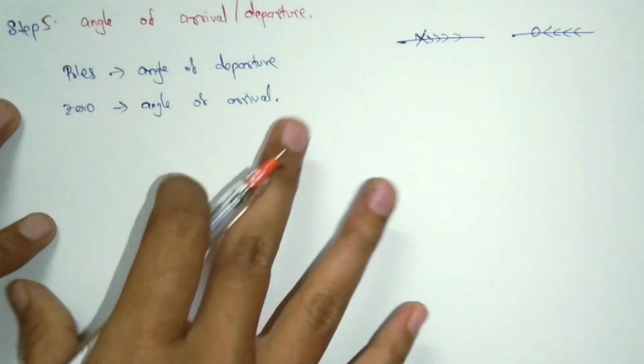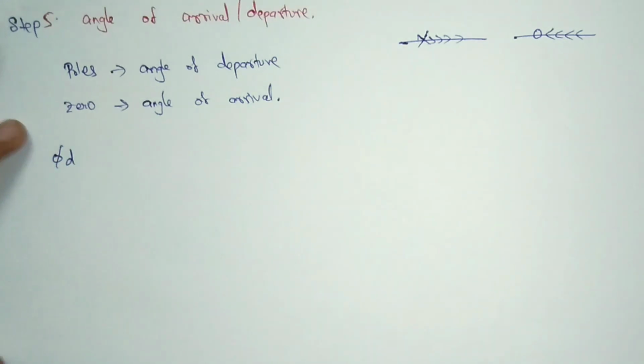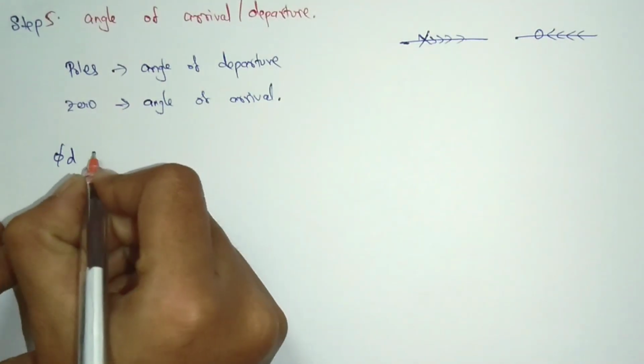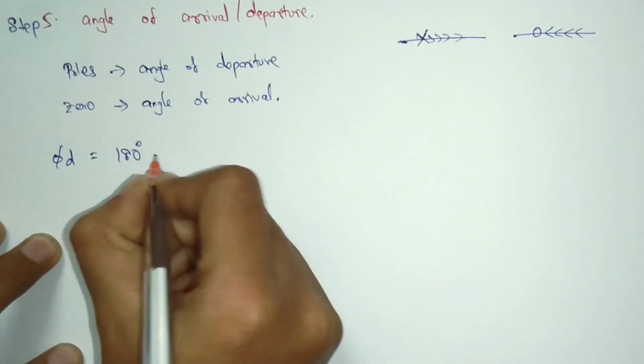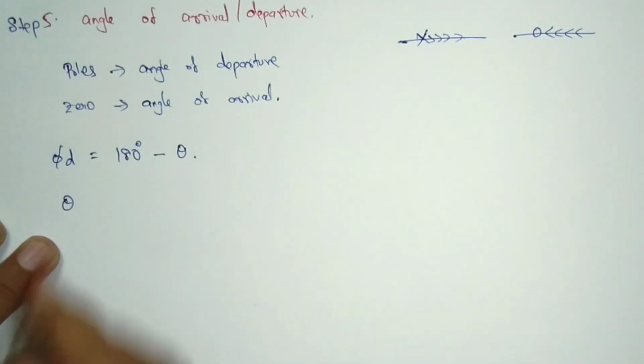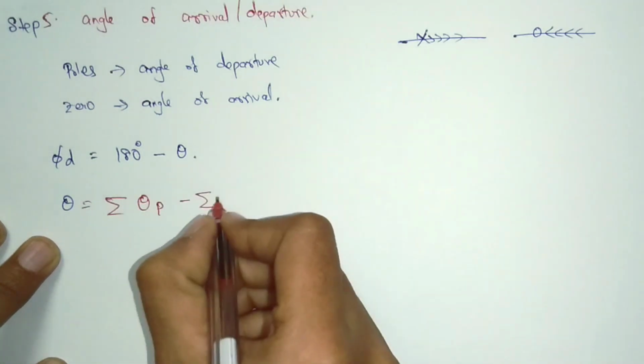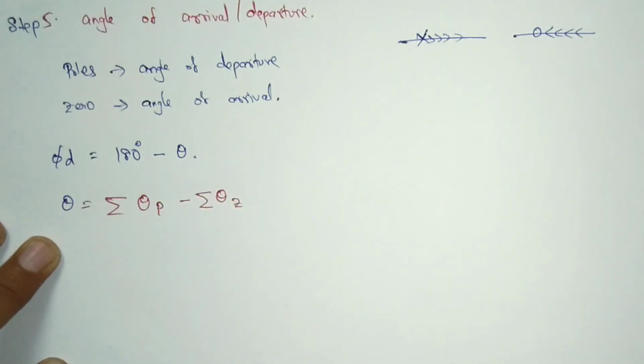So we are going to calculate the angle of departure here, because we got a pole with imaginary values and there is no zero in our system. So phi d is equal to, there is a formula, 180 minus theta, where theta is equal to the summation of theta of poles minus the summation of theta of zeros.